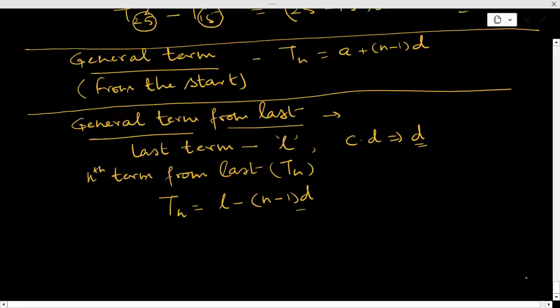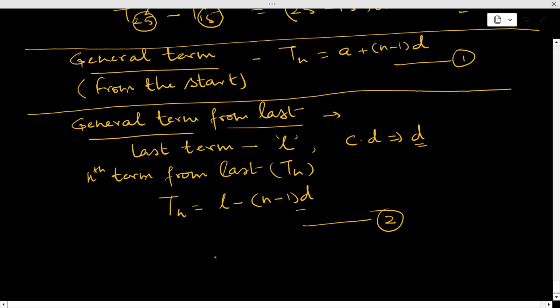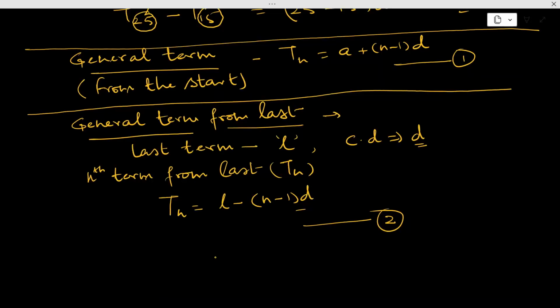So if we have to determine the general term from the beginning, we use, let's say, formula number 1, and this is our formula number 2. So we have to use formula number 2 if we have to determine the general term from the last, and formula number 1 if we have to find the general term from the beginning, or you can say from the start, right?